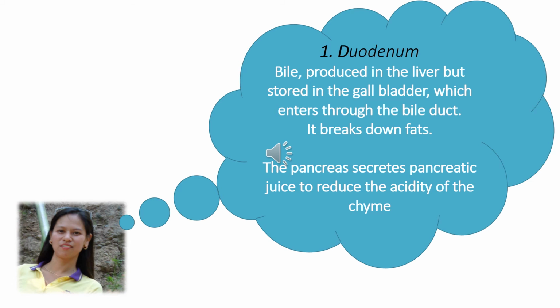Number 1, duodenum. Bile produced in the liver but stored in the gallbladder enters through the bile duct. It breaks down fats. The pancreas secretes pancreatic juice to reduce the acidity of the chyme.